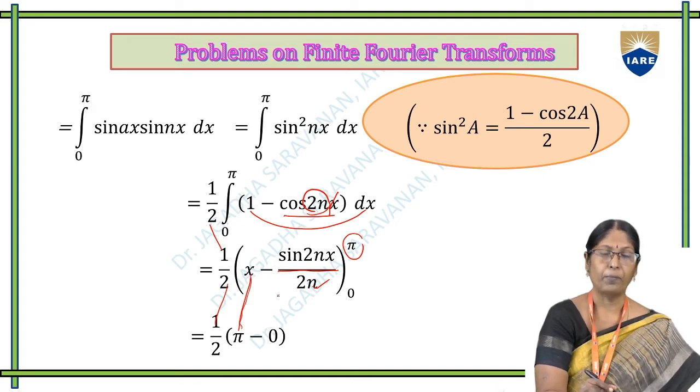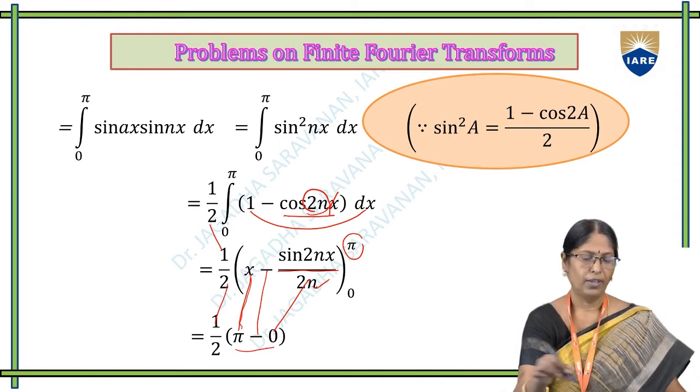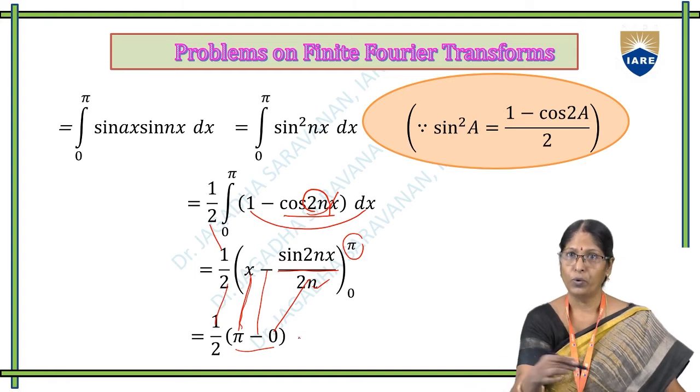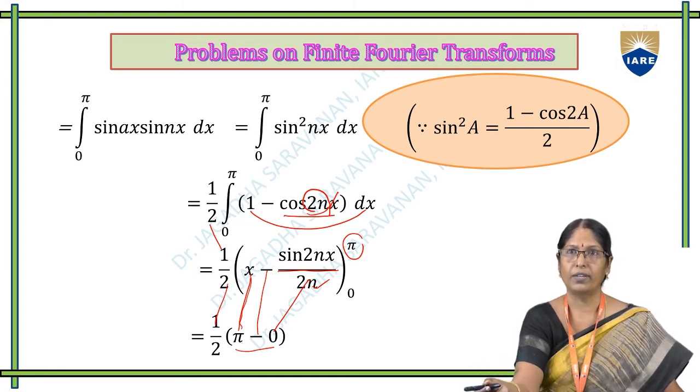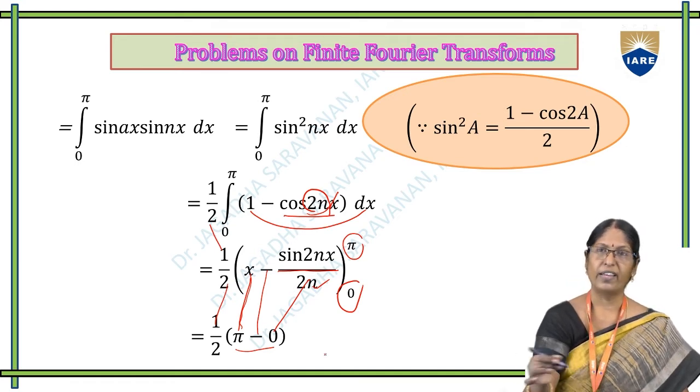So x is replaced by pi, minus sine 2n pi, the value is 0. So here completely the upper limit substitution is written. It is not written here regarding the lower limit substitution. The reason is, it is neglected here.